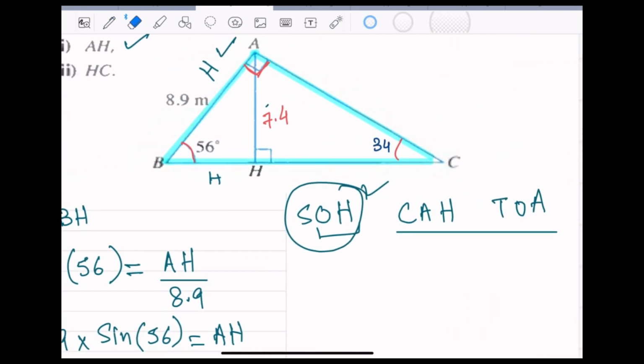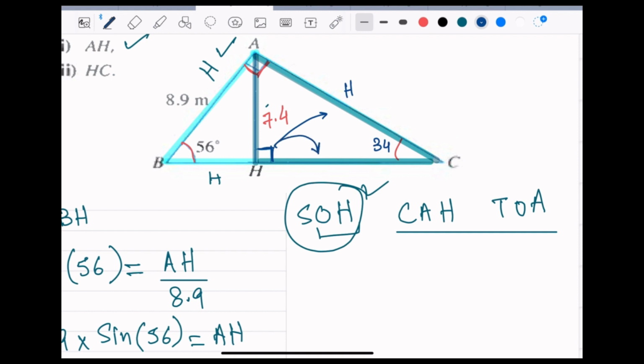Now looking at the same triangle which we highlighted before, I have to find out HC. I need to find this side HC, and I have AH, and I have an angle as well. So according to the angle, this here is the opposite and this here is the adjacent.